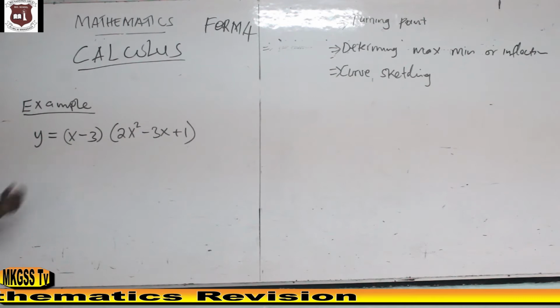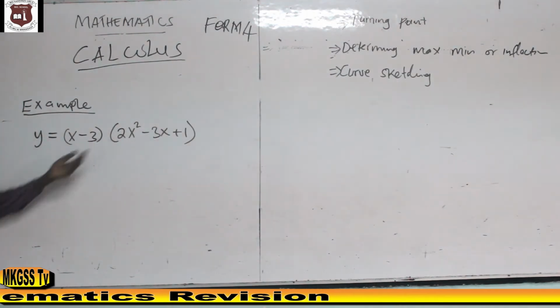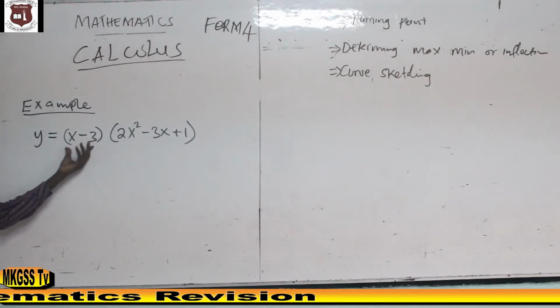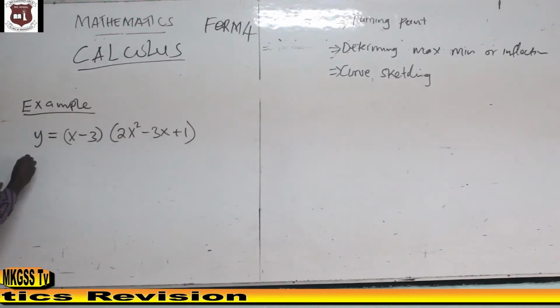So in this case, first of all, when the question presents itself in this manner, like we have this bracket multiplying that bracket, we first of all open the bracket first. So doing that, this is what we do.